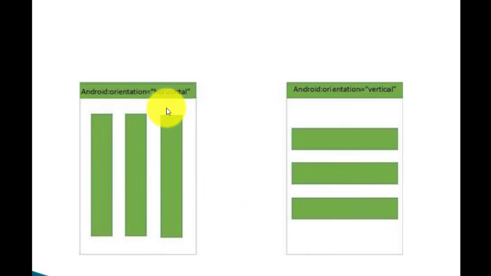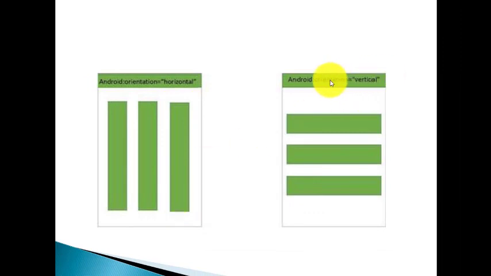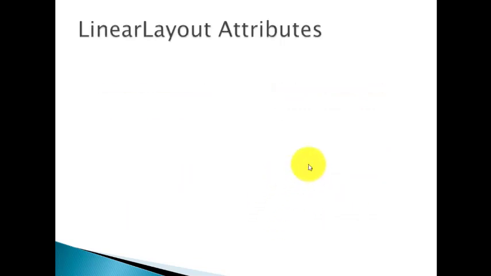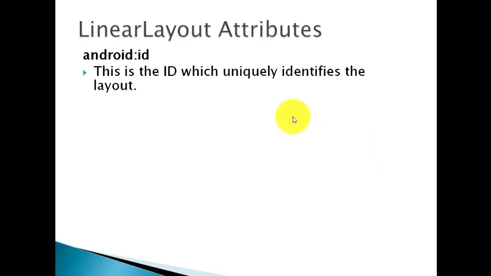This is a basic diagrammatic representation of layout. Horizontal, like this, it will arrange the components like this. When you set the orientation as vertical, the linear layout arranges the components like this. Linear layout attributes. ID is the common attribute for all layouts, which is used to define the ID of the layout.